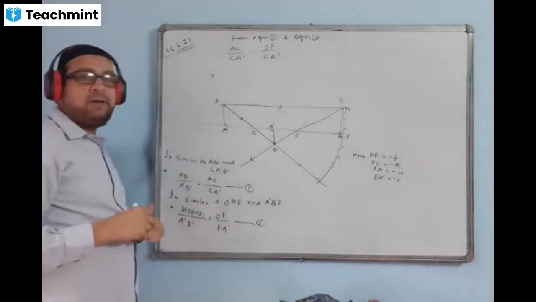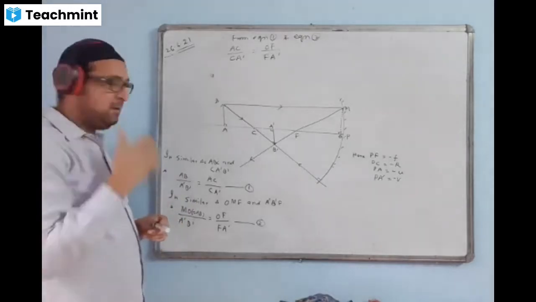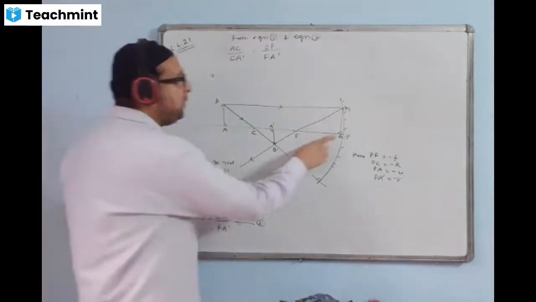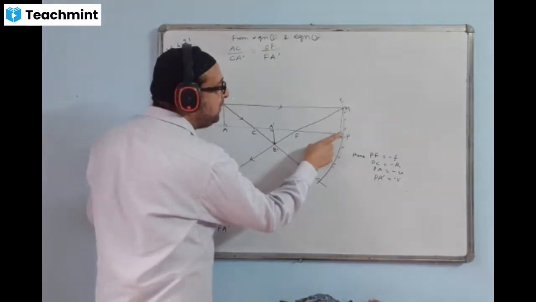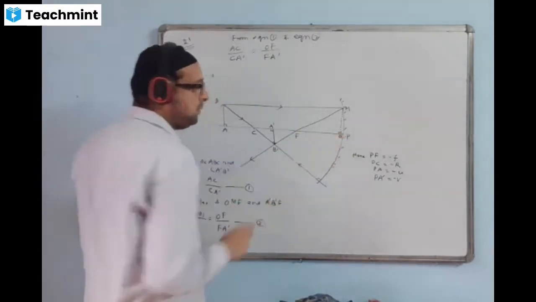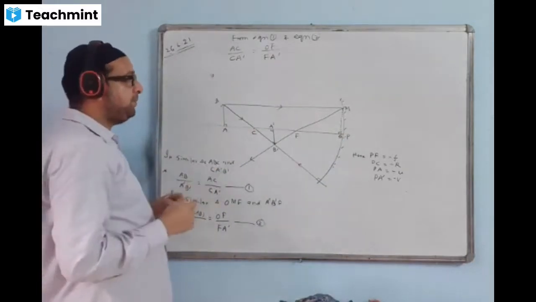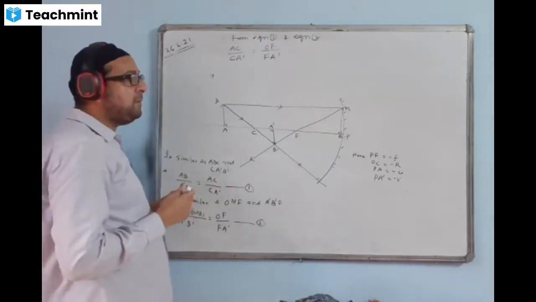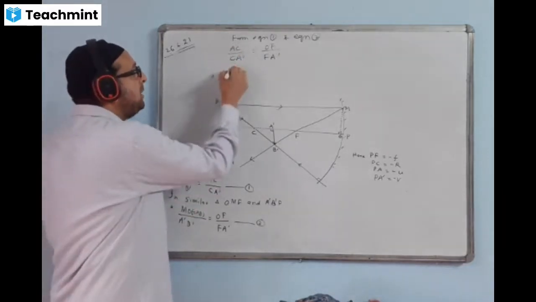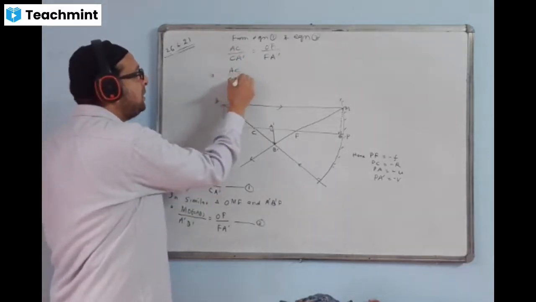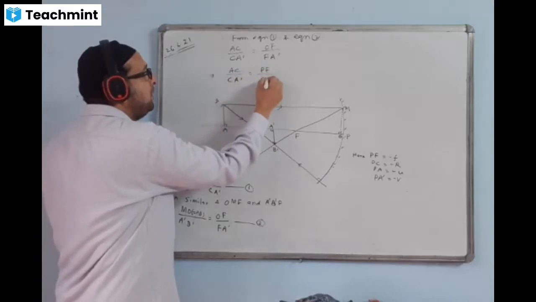Now I'll put the values and I'll solve it. The point O is very close to the point P, that means O will behave the same as the point P. So O we can replace by P. You can write that AC by CA dash is equal to PF by FA dash.